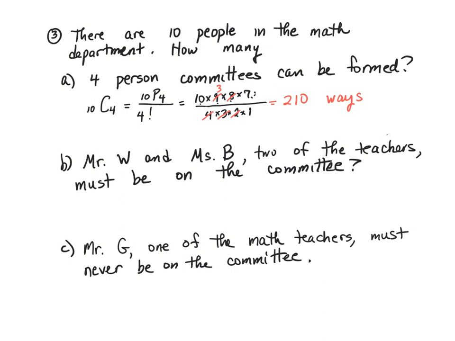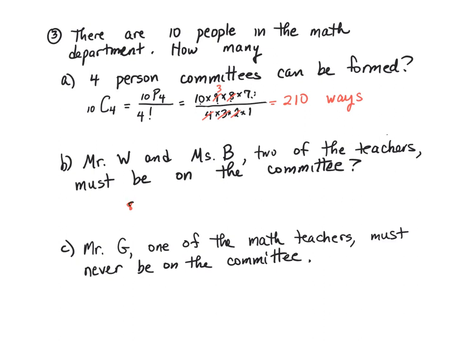All right, now the next one's interesting. Two math teachers definitely have to be on the committee for sure. Mr. W and Miss B. So how many ways can we pick a committee of 4 now if 2 have been determined? Well, if 2 have already been picked, then there are 8 people to choose from.